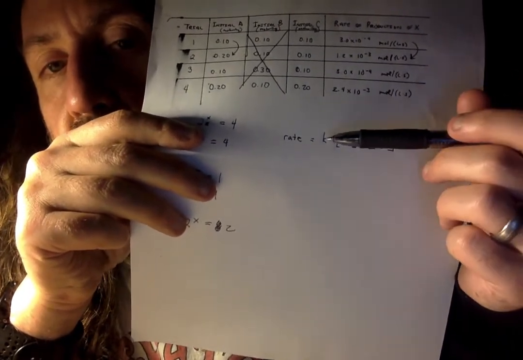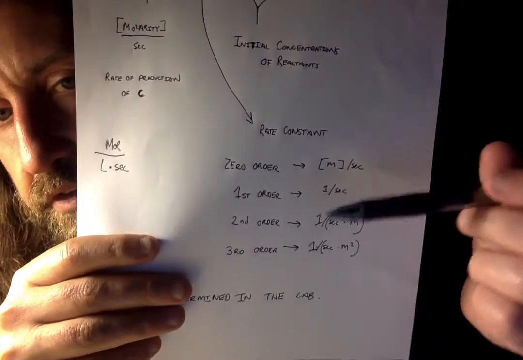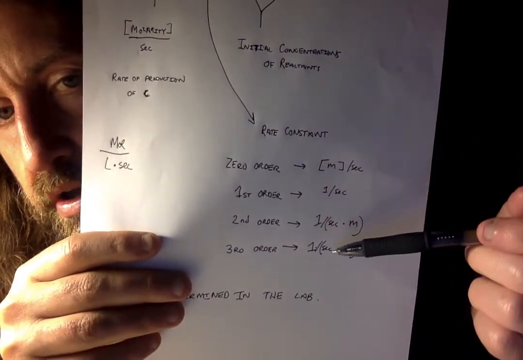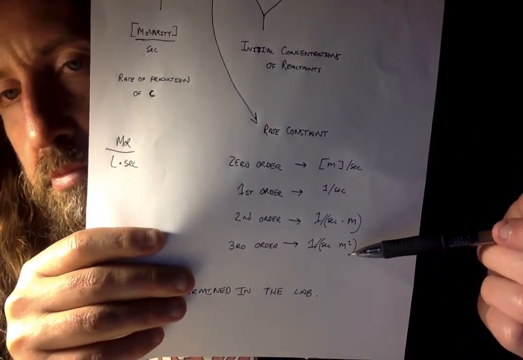And so the units for K, if you go back to the previous video, if it's third order, it's going to be 1 over seconds times molarity squared, to cross off 2 of those molarities. We kind of got 2 extra molarities. But before we put a unit on K, we need to figure out what our actual digits are.